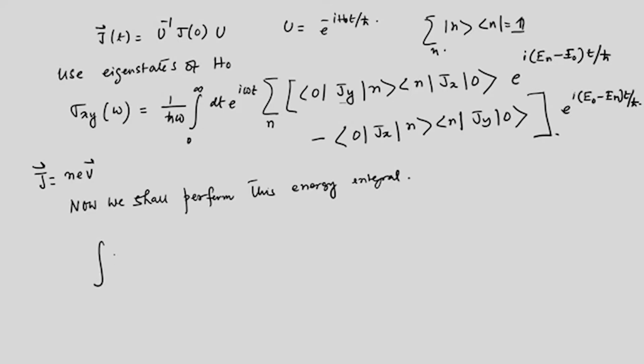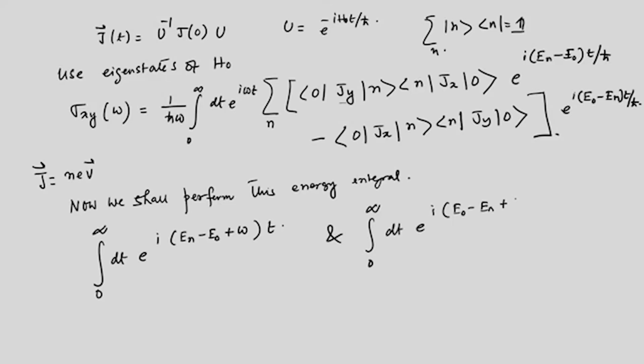Now the energy integral looks like the integral from 0 to infinity of dt exponential i (E n minus E0 plus omega) t, and the other one looks like the integral from 0 to infinity of dt exponential i (E0 minus E n plus omega) t, and then of course there is an h cross that one needs to put there. Omega by h cross is energy, omega equal to h cross omega.